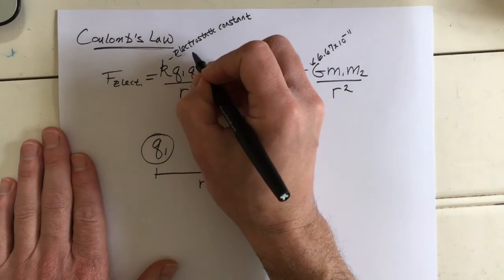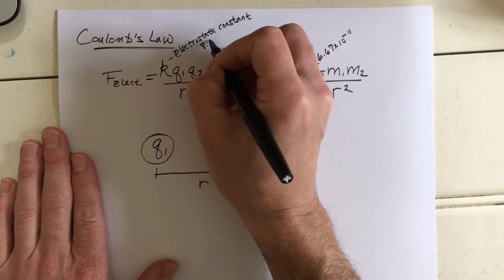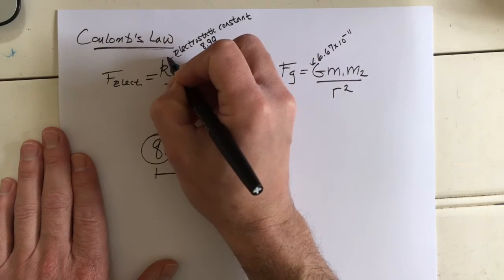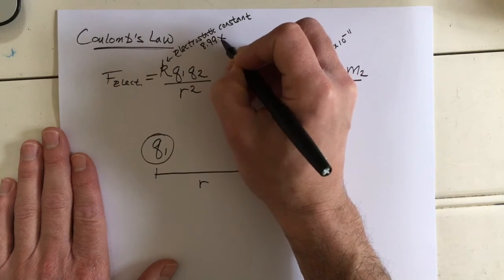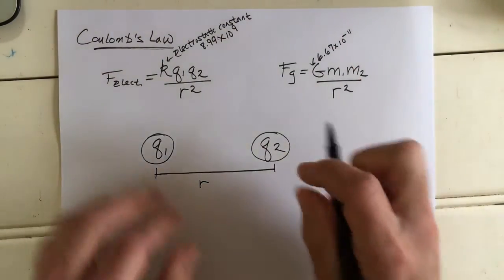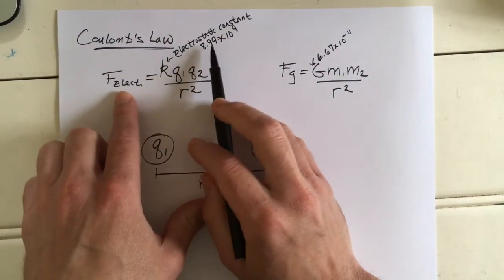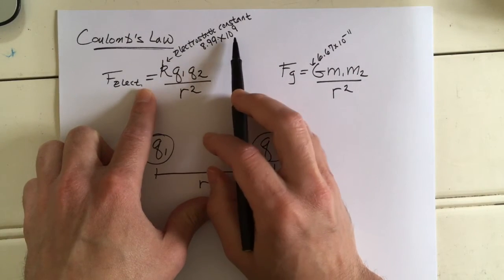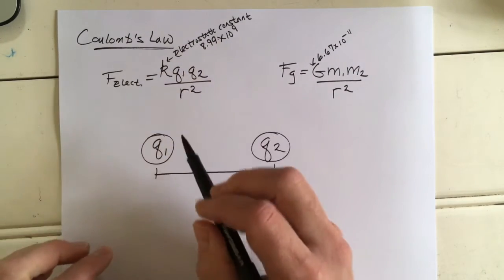This is going to be a very large number, 8.99 times 10 to the 9th. And so a much more powerful force, because this constant is 20 powers of 10 larger.